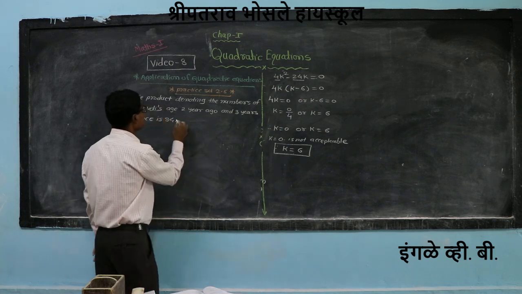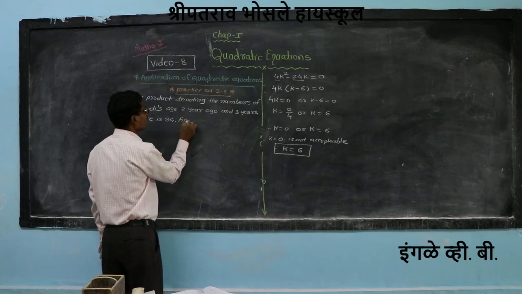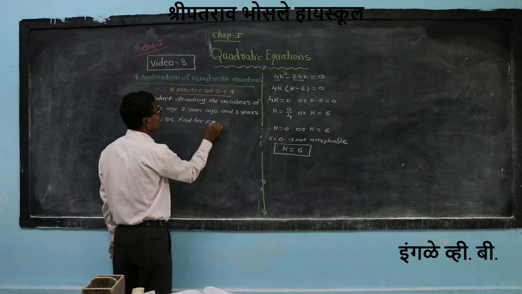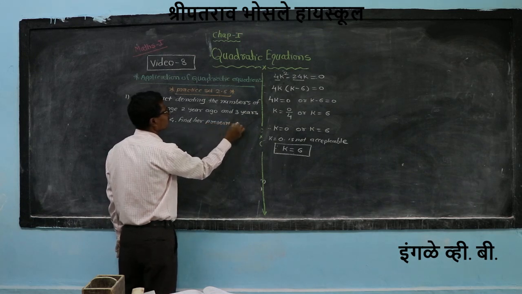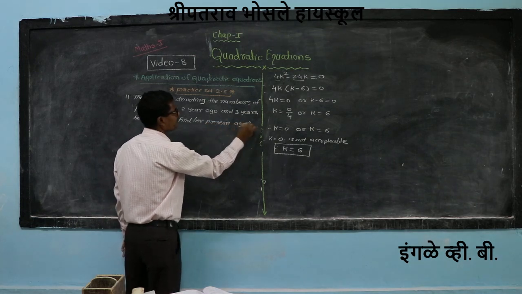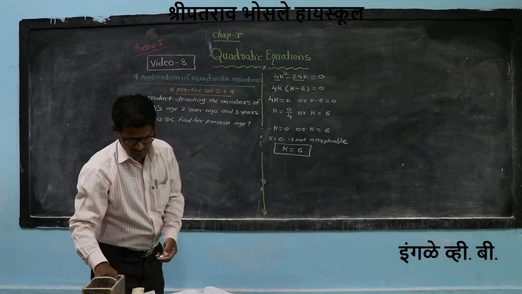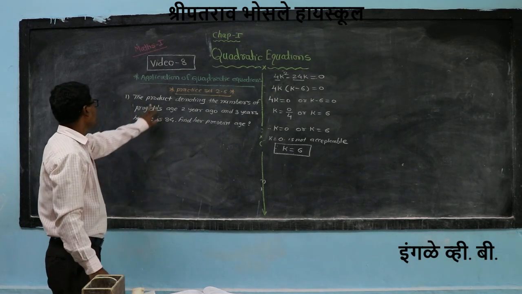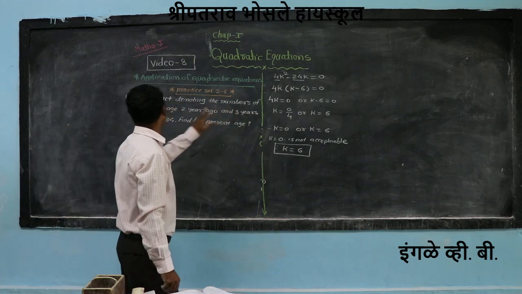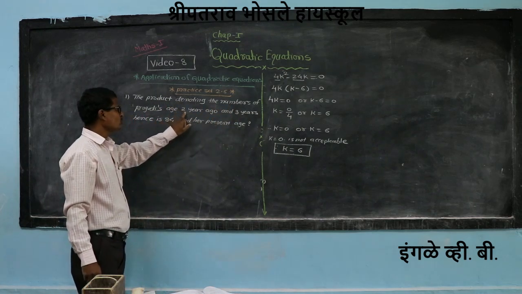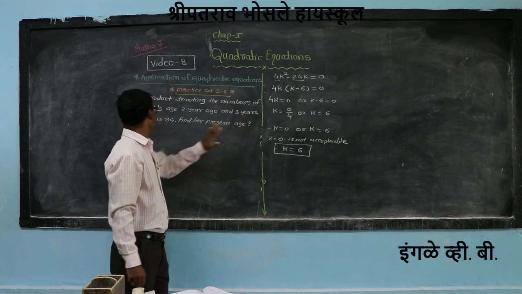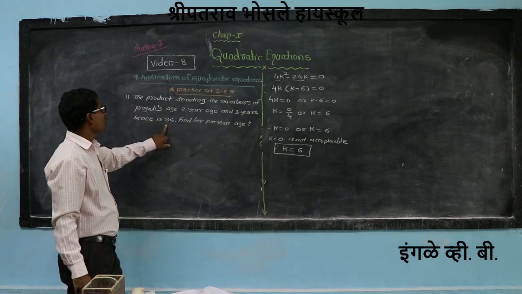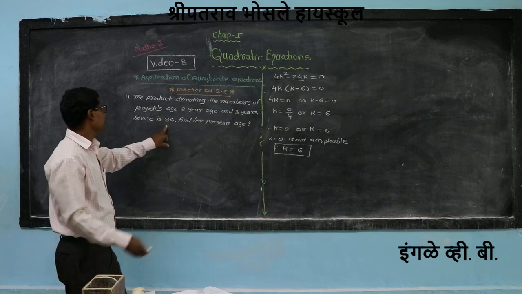Find her present age. Here it is given that the product of the numbers denoting Pragati's age 2 years ago and 3 years hence is 84. So here we take the variable x.